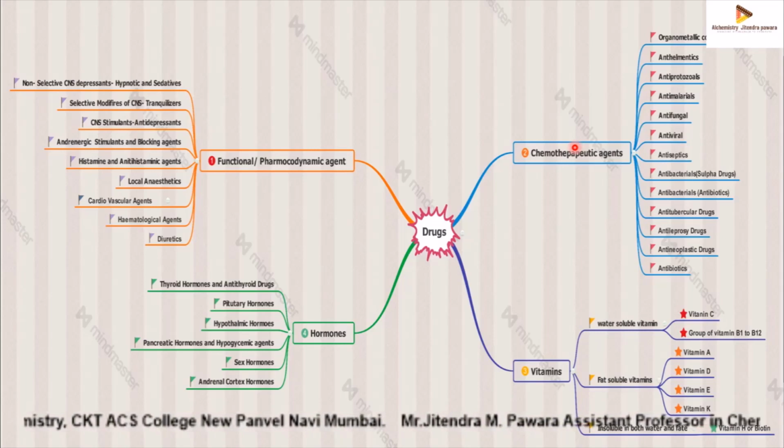Chemotherapeutic agents act in such a way that they kill or destroy the disease producing organism without any harmful effect on the cell in which the organisms are present. Let's consider antiprotozoal as a chemotherapeutic agent. This antiprotozoal drug specifically kills that protozoa without affecting the other healthy cells of your body.